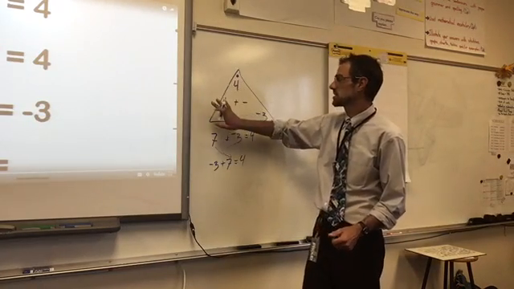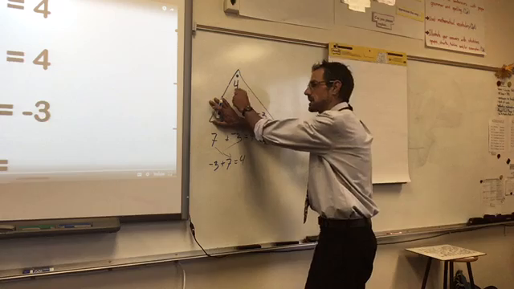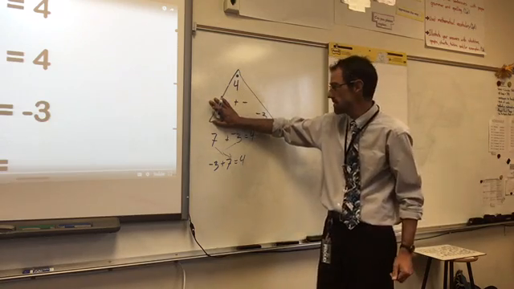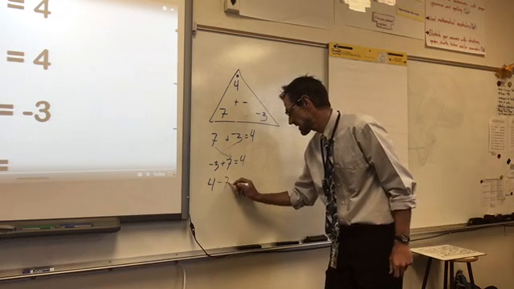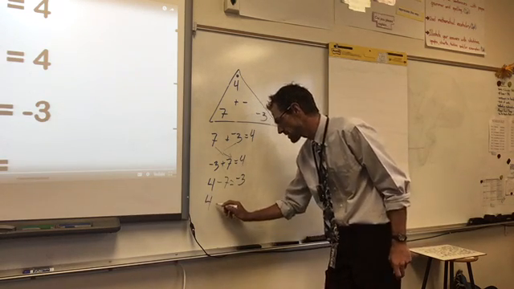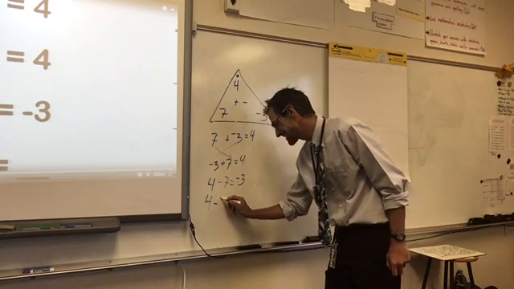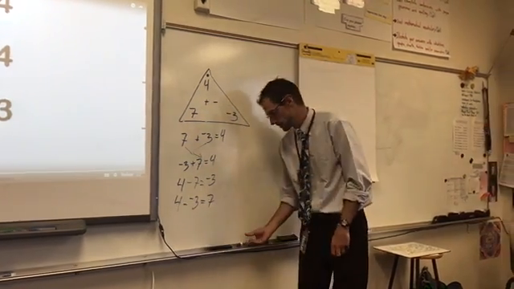Then, to get my subtraction number sentences, I take my sum. That becomes what I subtract from. So I go 4 minus 7 equals negative 3. And then again, my sum is first. 4 minus negative 3 equals 7.